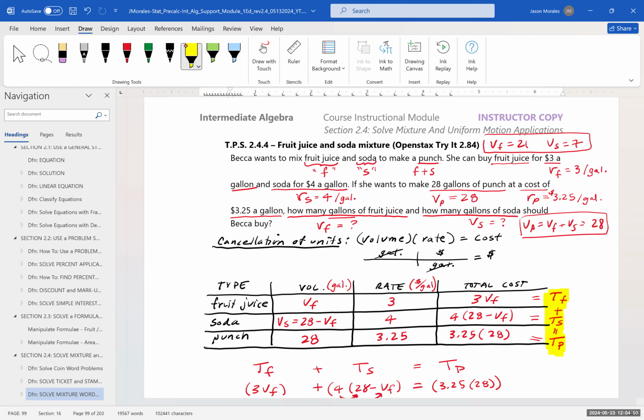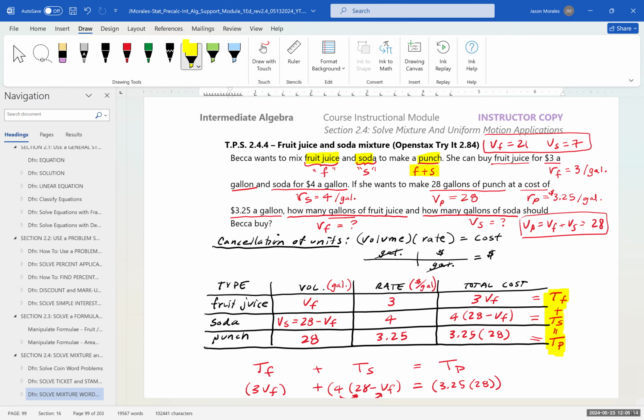So you can see we're dealing with three things. We're dealing with fruit juice, soda, and punch. Punch is just a way of saying fruit juice plus soda. And we're dealing with cost per gallon, and gallon is a unit of volume.